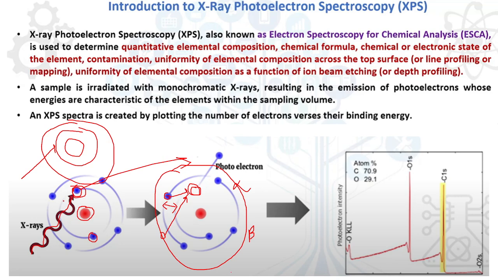For example, if you have C double bond O, CH, with respect to this C it is alpha carbon, and this is beta carbon.